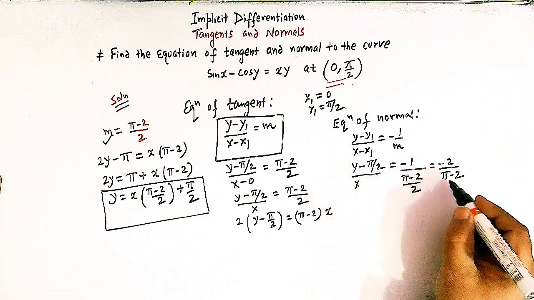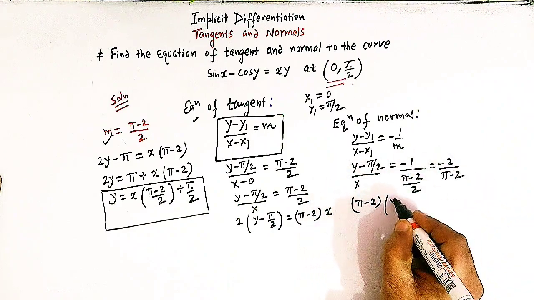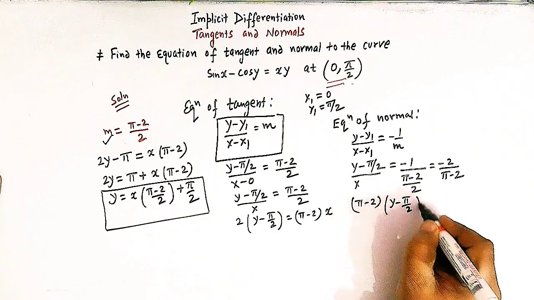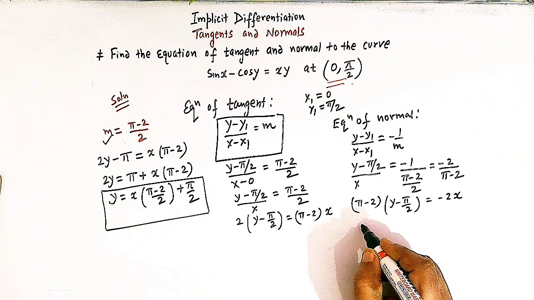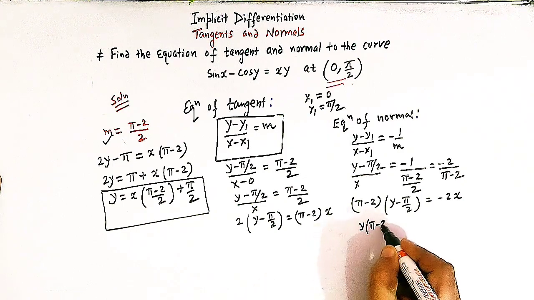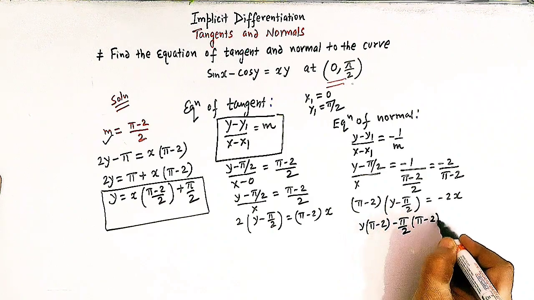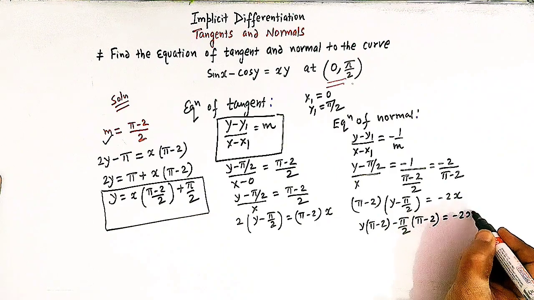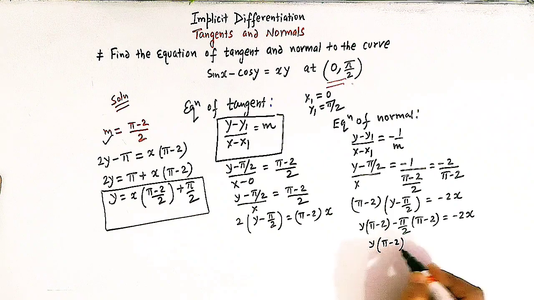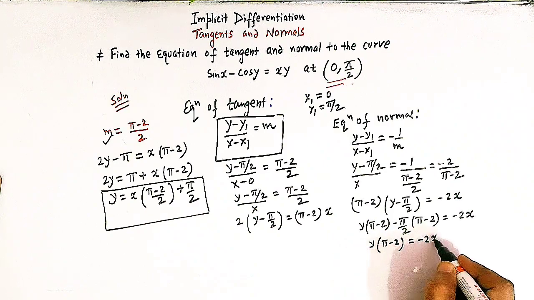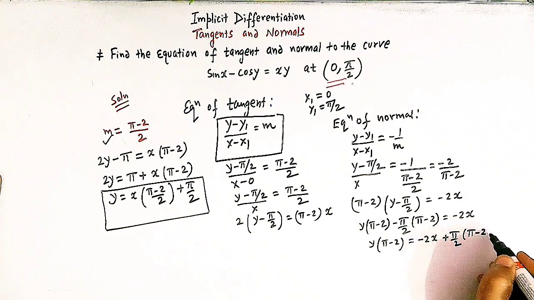And now cross multiplying, we have pi minus 2 times y minus pi by 2 is equal to minus 2x, right? So this is y times pi minus 2, then minus pi by 2 times pi minus 2 is equal to minus 2x. So we can also write it as y times pi minus 2 is equal to minus 2x plus pi by 2 times pi minus 2.